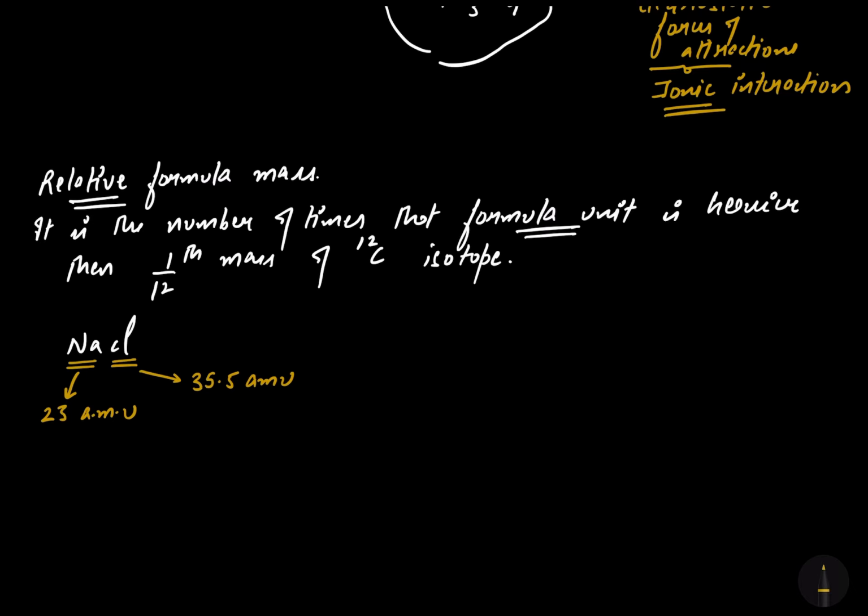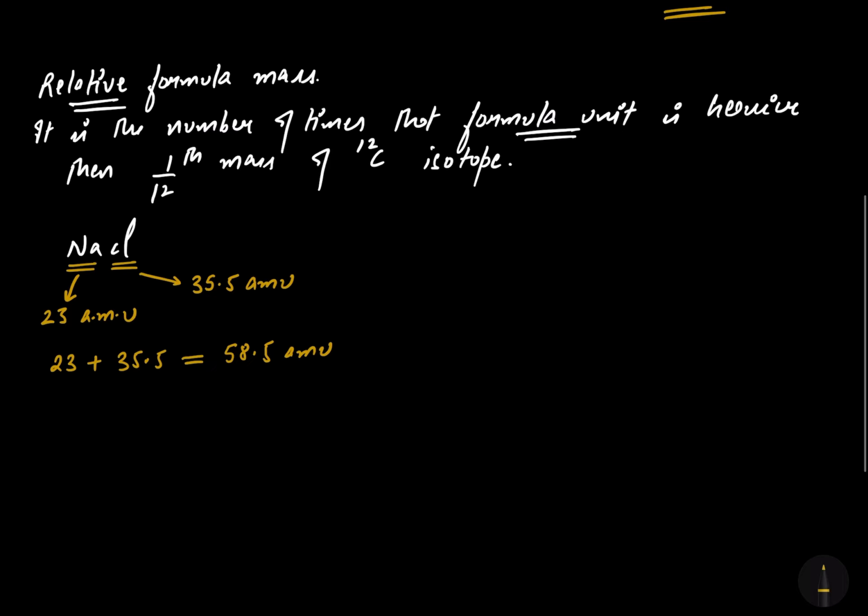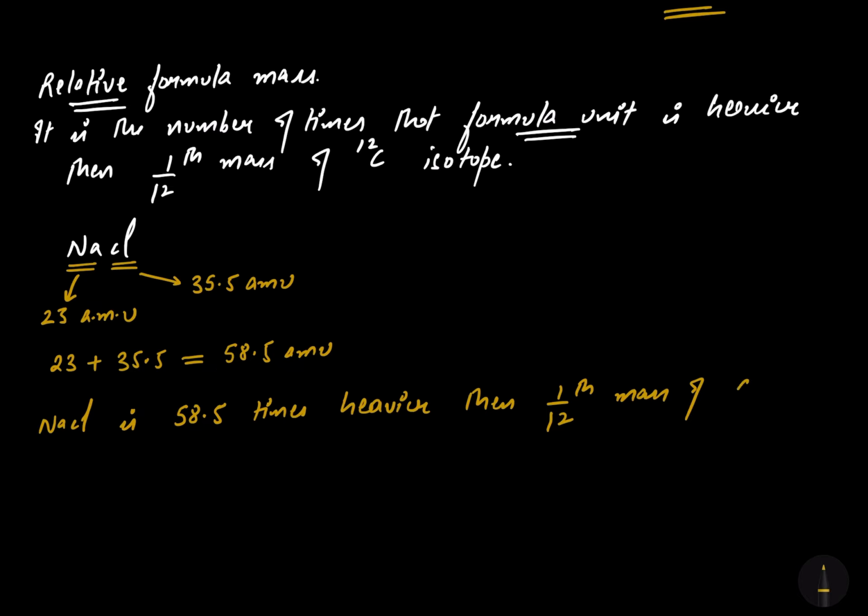So for the whole NaCl, we have to add it up, 23 plus 35.5, and it comes out to be 58.5 AMU. What does it stand for? It stands for NaCl being 58.5 times heavier than 1/12 mass of carbon 12 isotope.